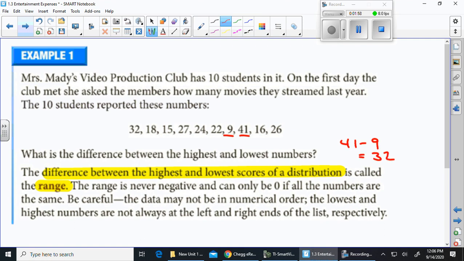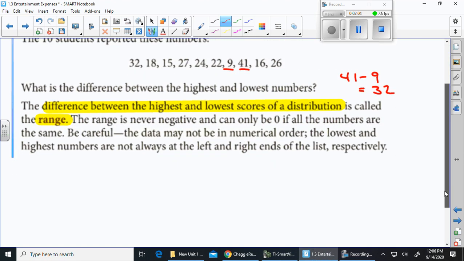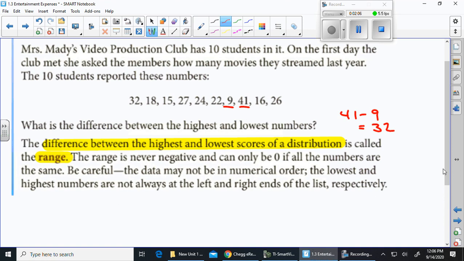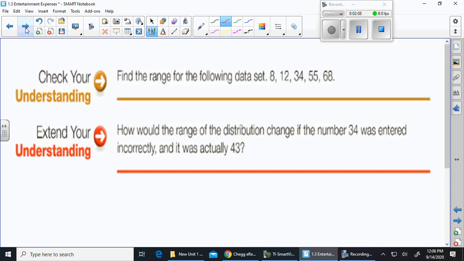The thing with range is it really doesn't tell you anything except that there are 32 numbers between the smallest and the biggest. If I asked you the range of this, 68 minus 8, 60.